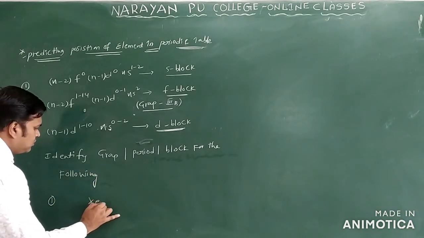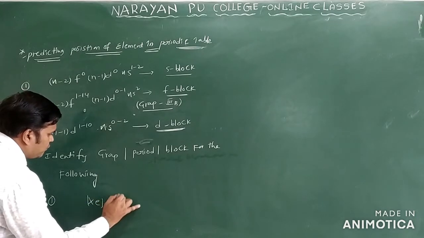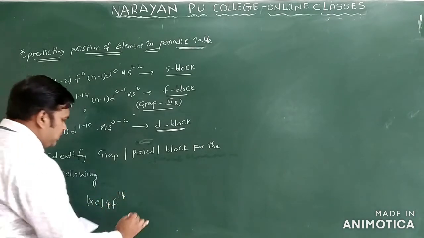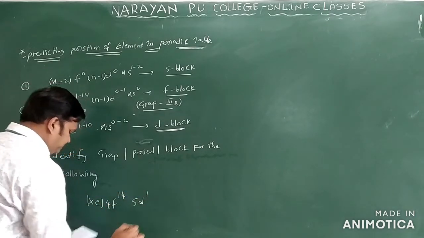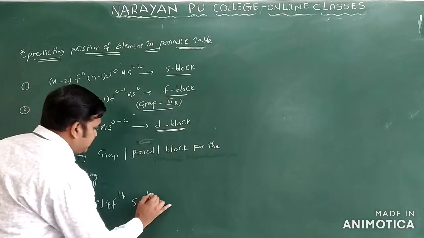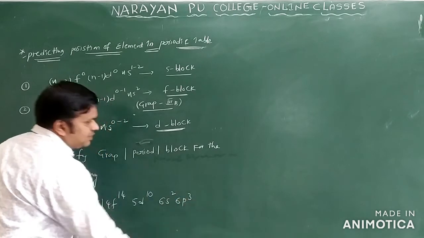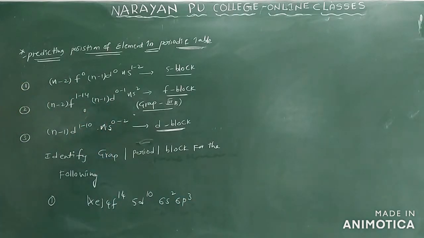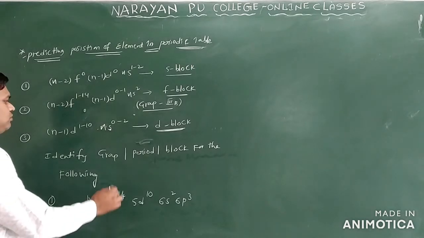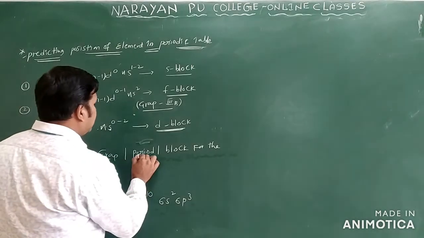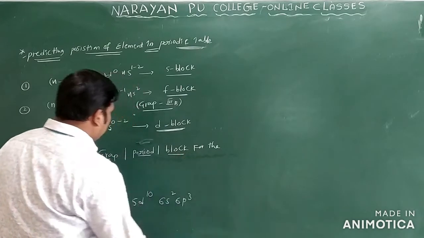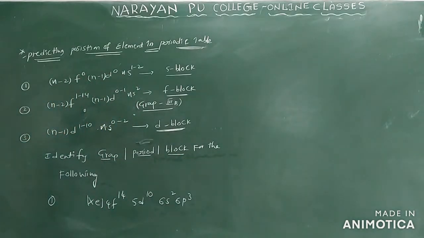This is xenon 4f14, 5d10, 6s2 and 6p3. This is the configuration: [Xe] 4f14 5d10 6s2 6p3. We have to find out the group number, the period number, and which block it belongs to.